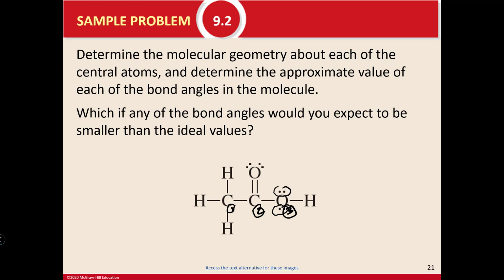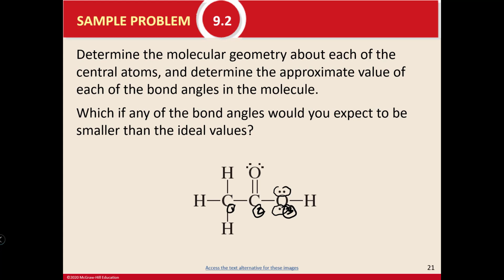Then we look at this carbon here. The classification is AX3. Why is it 3? Because there's a bonding group here. A double bond is one group, and then a single bond here. That's all that's coming off that carbon. It's AX3. So again, if it's all just X's, the electron domain geometry and the molecular geometry are the same, and that is trigonal planar, flat.